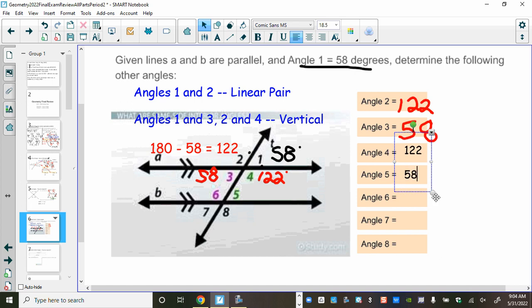Give you a hint. Is corresponding sounding familiar to anybody? Corresponding angles? Yeah. Angle 5 is 58.